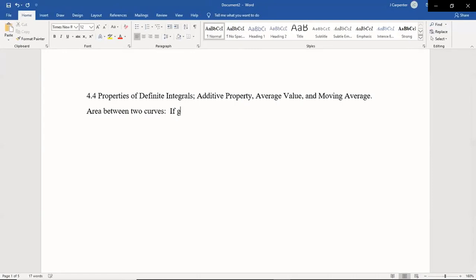So if you're given functions f of x and g of x and asked to find the area between the two curves on boundary a, b. In other words, from a to b. So from the first number to the second number, those are x values.